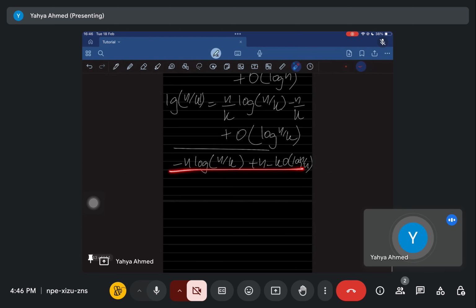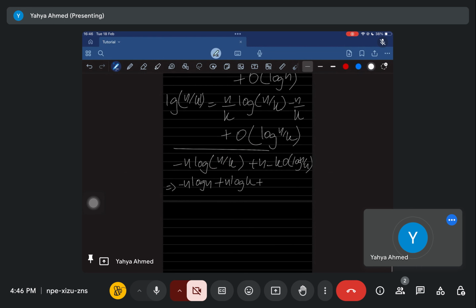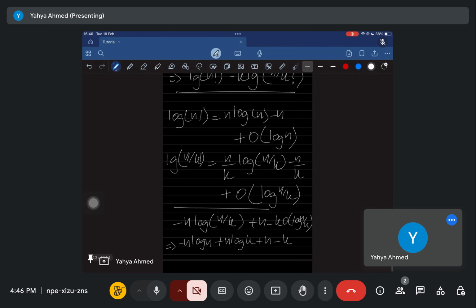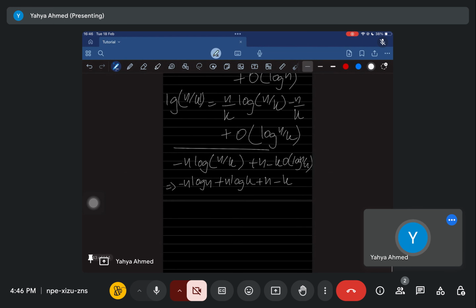We can further simplify this expression. We can write this as minus n log of n plus n log of k, because the log is a divide, so this would have come out to be minus log k, and with the minus applied it became plus n log k. And then you have, as above, plus n minus k times O of log n upon k. Let's just ignore that for now.